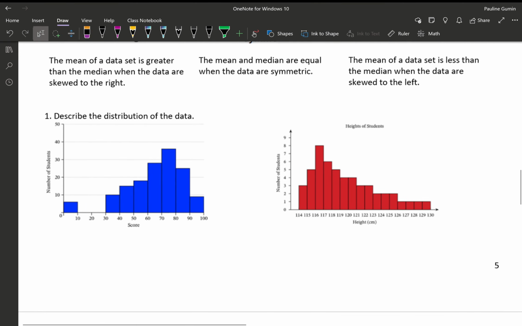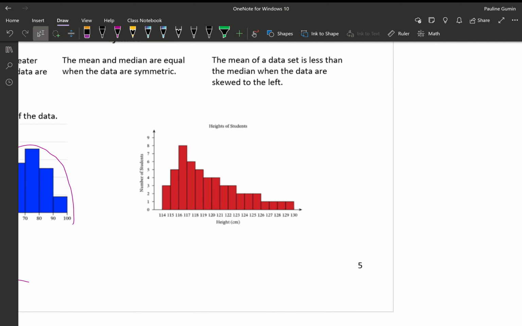So let's describe this data. In number 1, if we are to draw that shape of our data, it looks like it's leaning a little to the left. So I'll say skewed left. Okay. Next, we have this set of data. Let's draw its distribution.